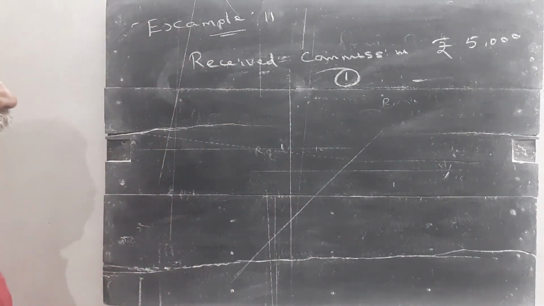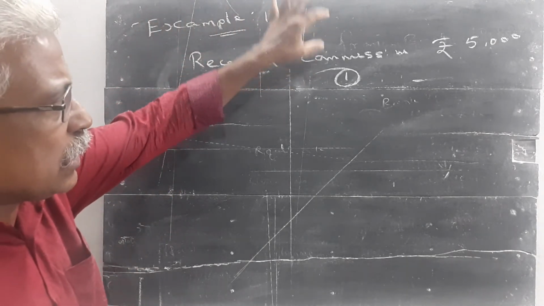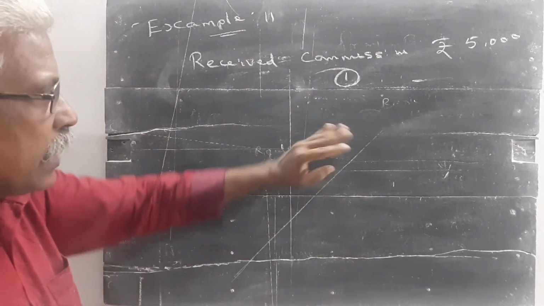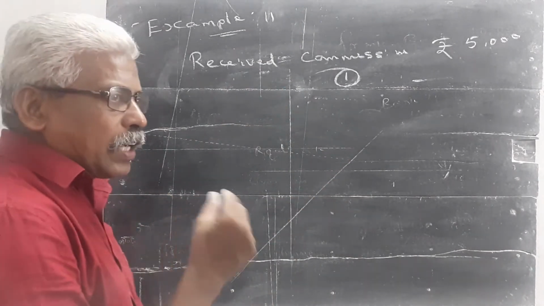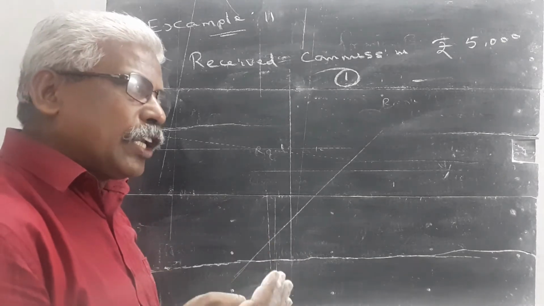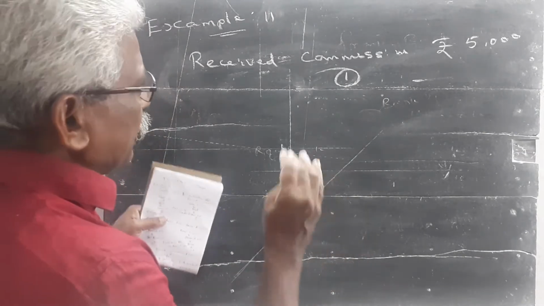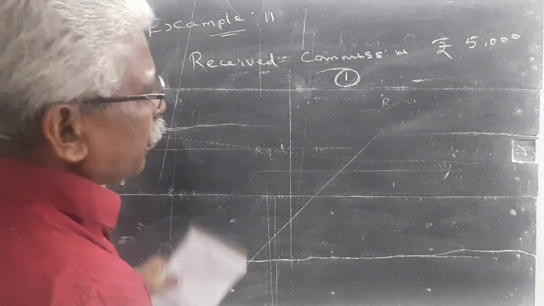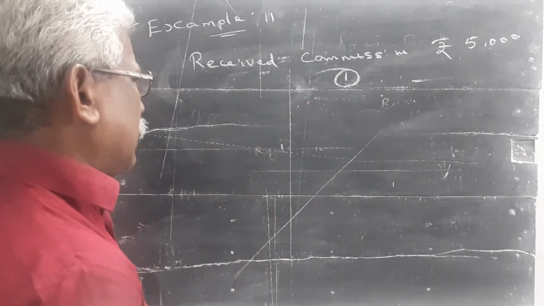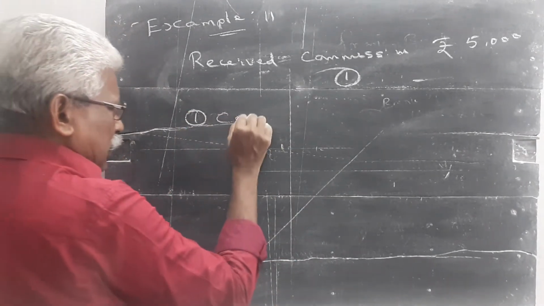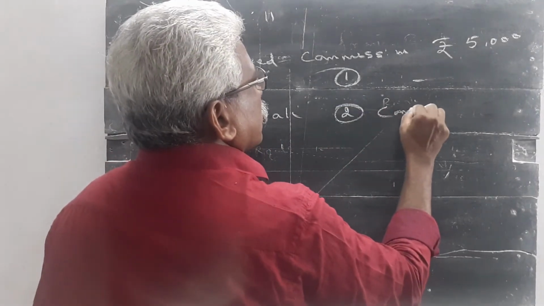The second account is not given in the question, but commission is received in the form of cash, just like the previous problem. In the previous problem, borrowed loan from bank, the loan is given in the form of cash. Likewise, if you receive commission, it is received in the form of cash. So the word cash is not given, but we have to write it. The first account is cash account and the second account is commission account.